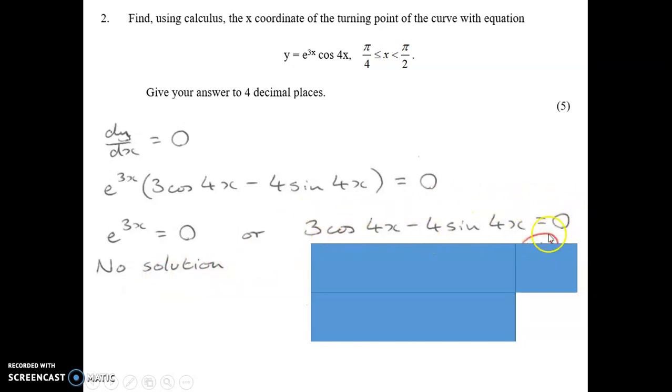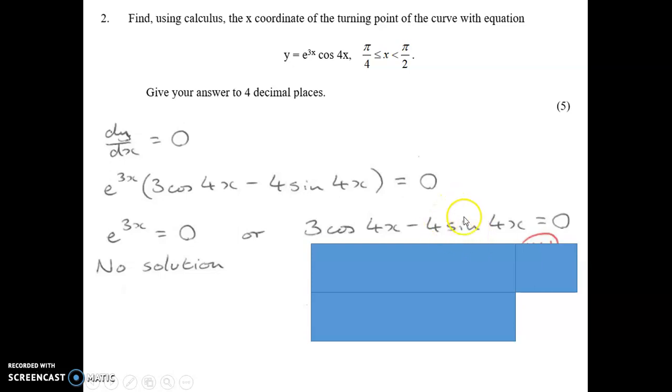So we're going to try and solve this equation, and to solve that, well, it's got a cosine in it and a sine in it, so we only want one trig function really, but I know that there's a relationship between cosine and sine, and that relationship is that sine over cosine equals tangent, so I'm going to try and get it in the form of sine over cosine.